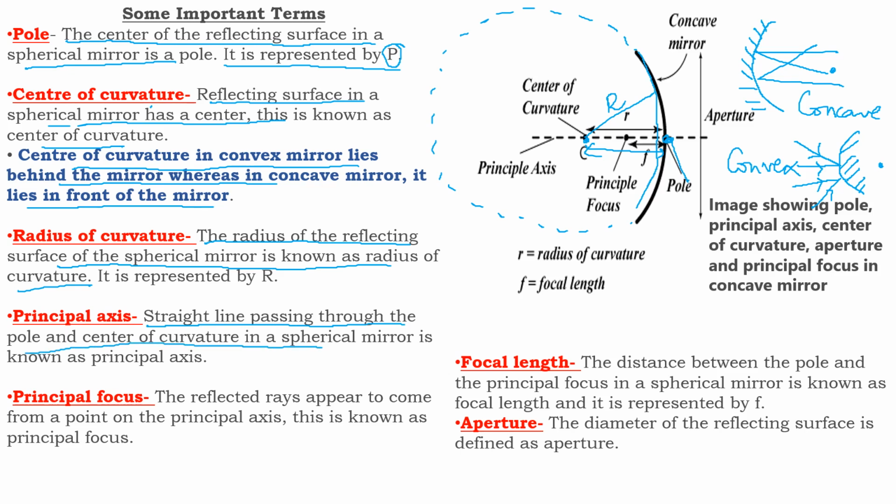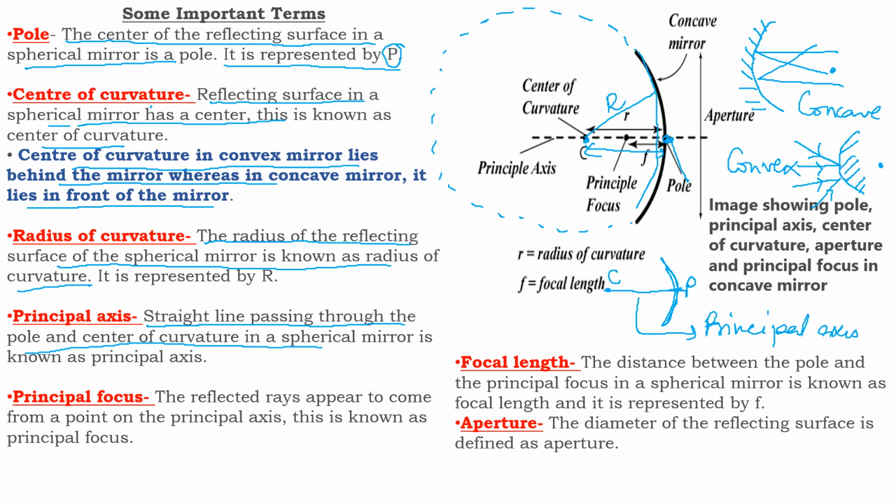If this is my mirror, its midpoint is my pole and this is the center of curvature. All these things are told to you. Now an imaginary line, we are assuming a line which is joining your C and P. So that line is called principal axis.